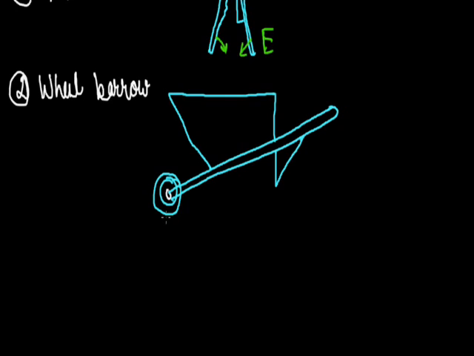This is a wheelbarrow, and in this case, effort is applied from this side on the handles. The wheel acts as the fulcrum, and here in the trolley there will be the load. So again the load is in between the fulcrum and effort. So this is an example of second class lever.